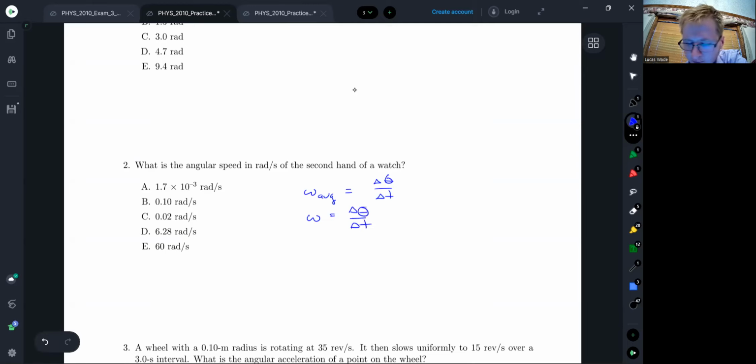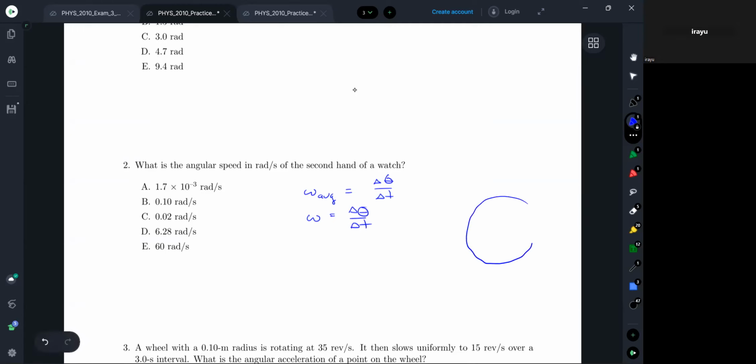So we just need to figure out the time it takes for it to travel through a certain angle. What do you think is the most convenient angle here? Radians.